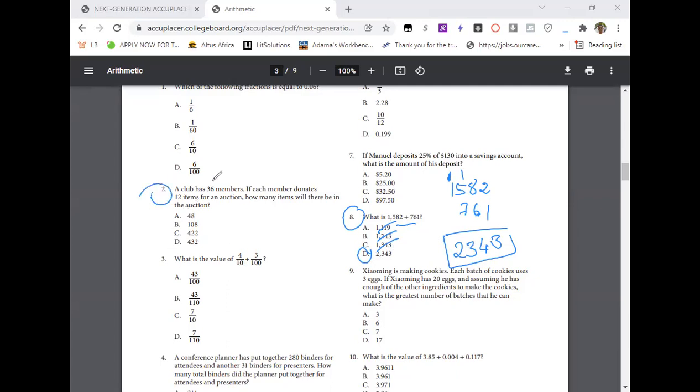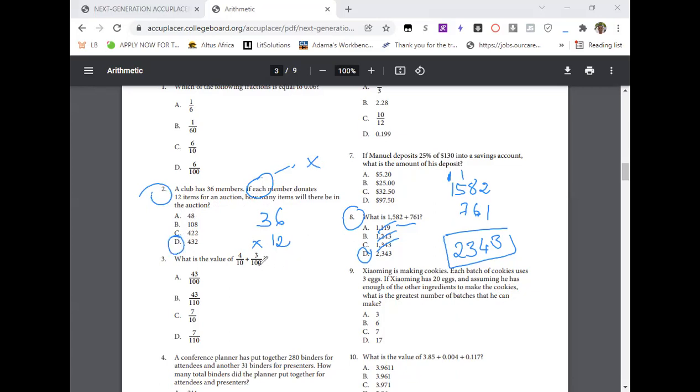Another example is number 2, a word problem. What did we say? A club has 36 members. If each member donates 12 items, how many items will you have? So here, what did we say? Each implies multiplication. So by the way, you have 36 times 12, and the answer is this.